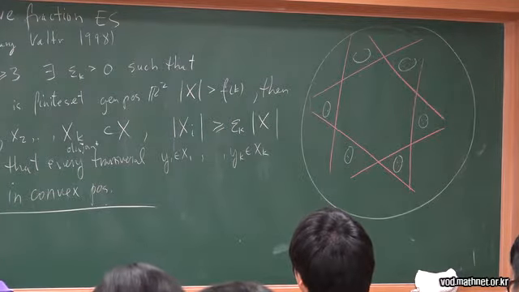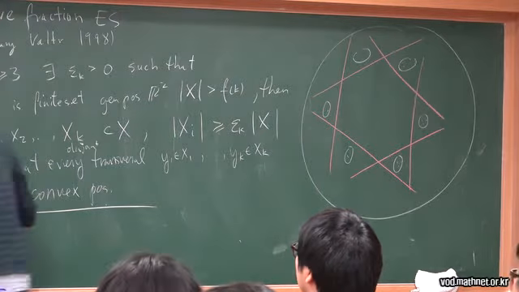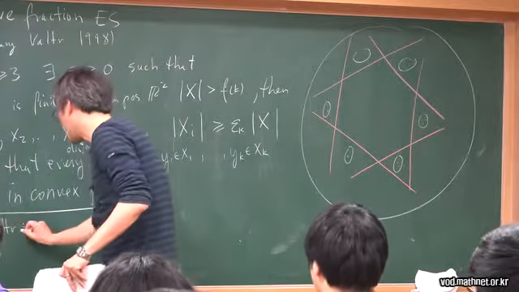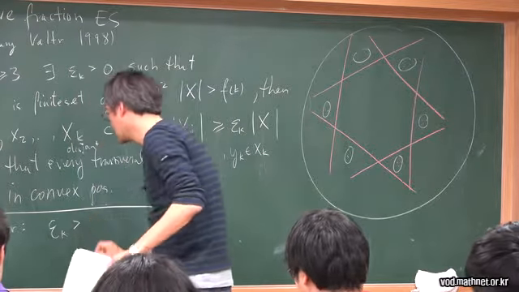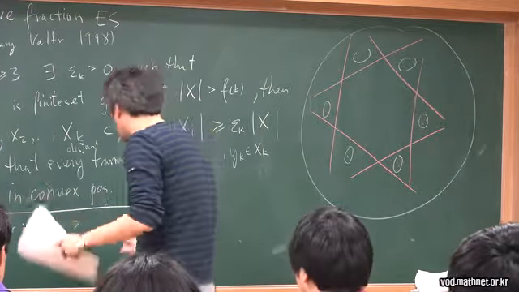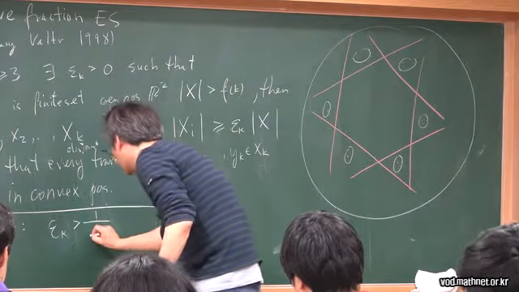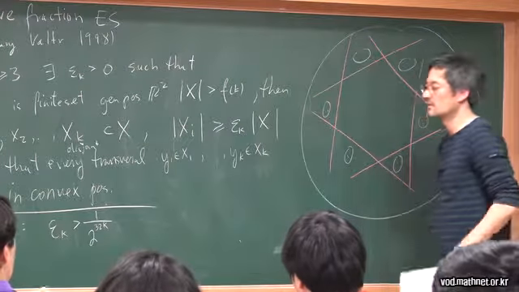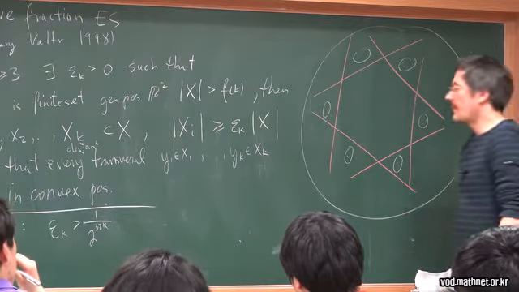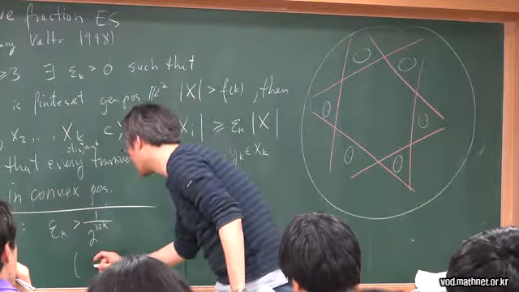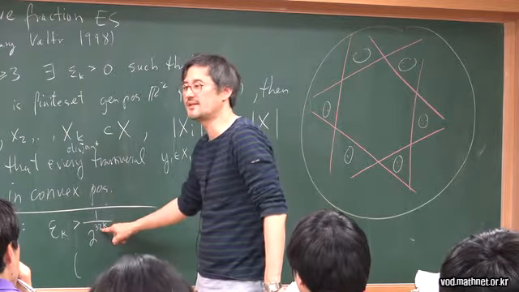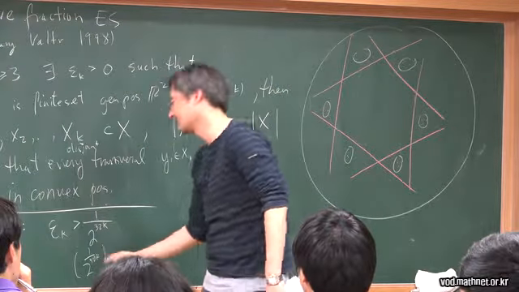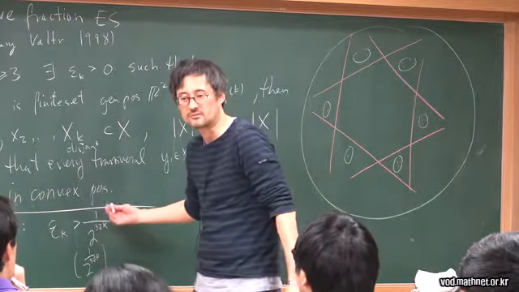And then Pór and Valtr showed that epsilon k is at least, so this is going to be used in the proof, 1 over 2 to the 32k. Andrew is only using the fact that it's 1 over 2 to the c times k. I think he's going to use it to simplify his computations. This is smaller than that, so you're fine.